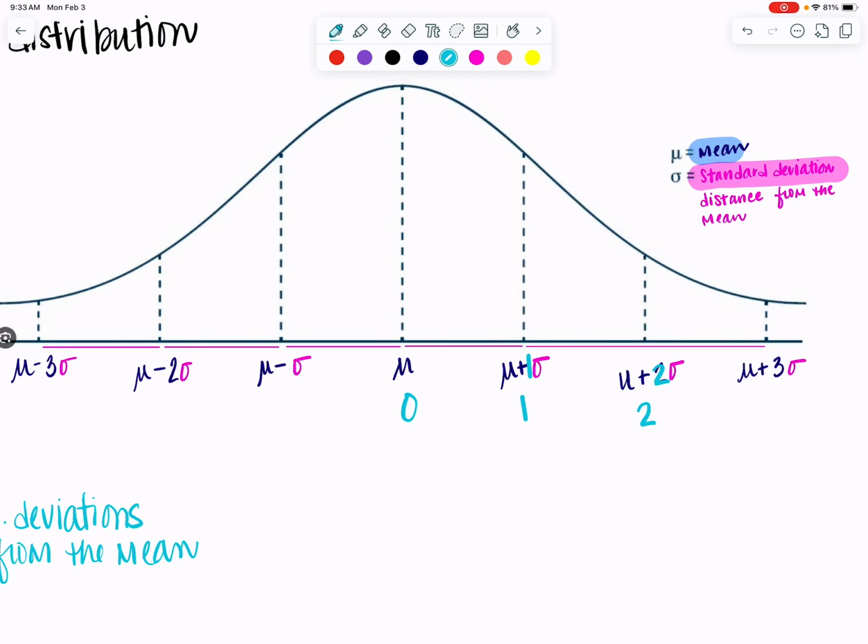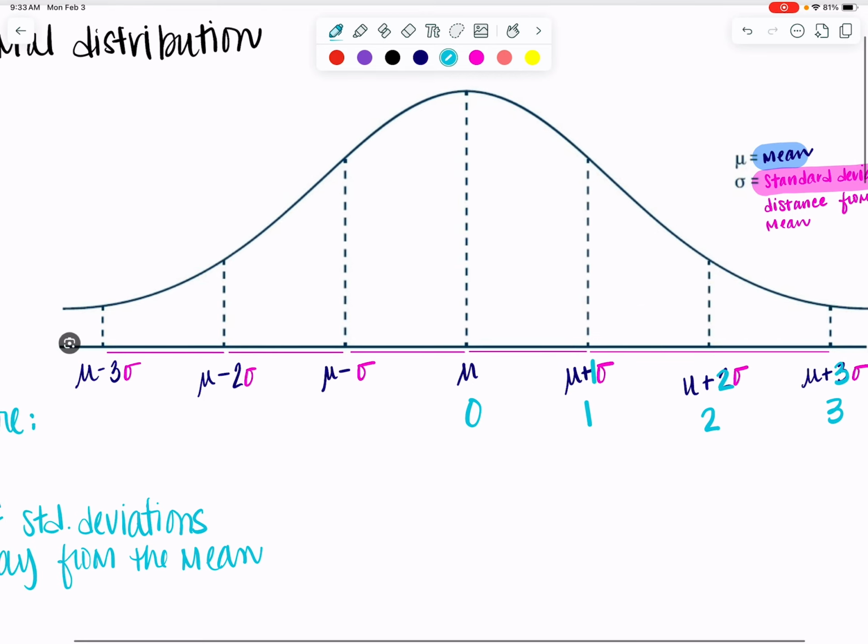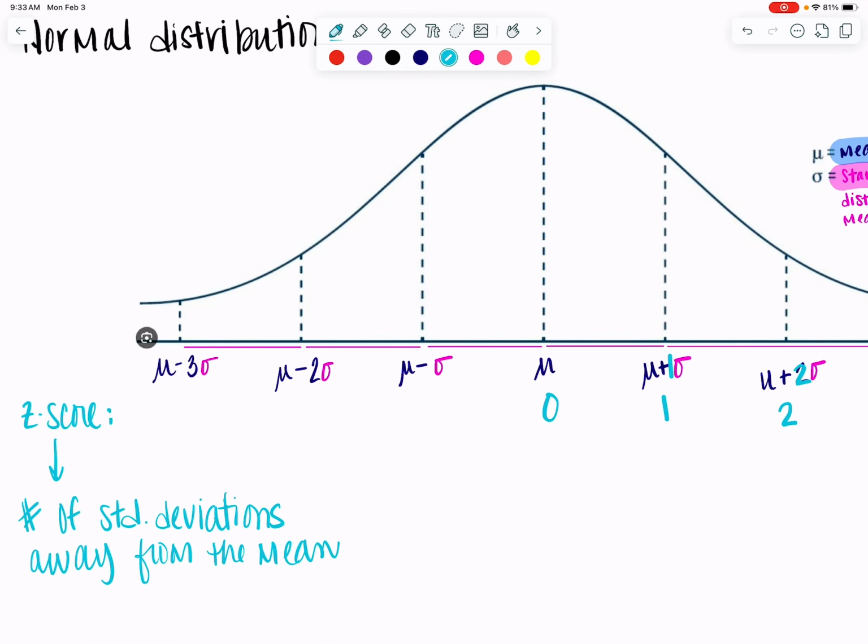At the very end, our coefficient on sigma is 3, so we have a z-score of 3. When we go backwards, when we start to subtract sigmas, you get a z-score of -1, a z-score of -2, and a z-score of -3, because that's the number of standard deviations you are away from the mean on the left side.